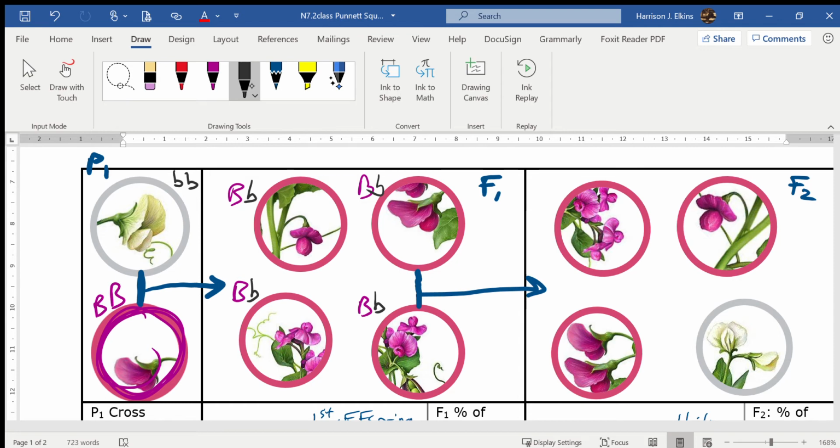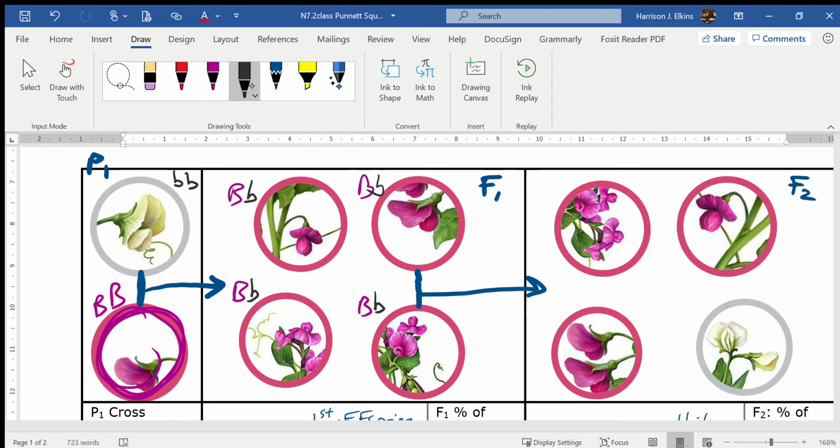The purple came from the egg, the white came from here. So that's a way to visualize this egg masking or covering up all of the recessive traits that this flower could have given. So we only had purple.